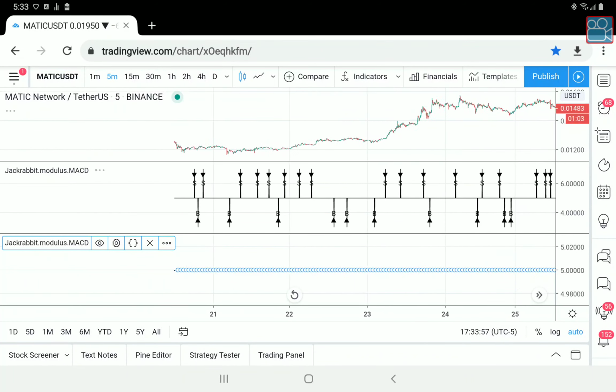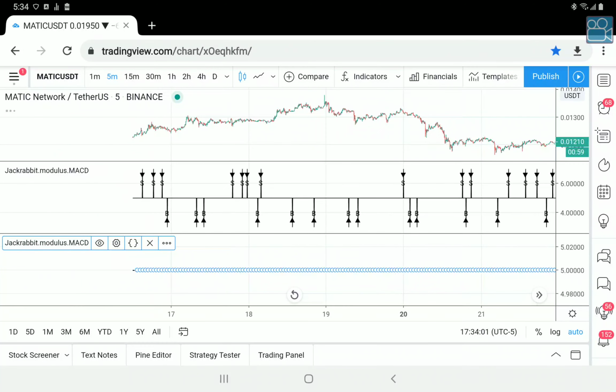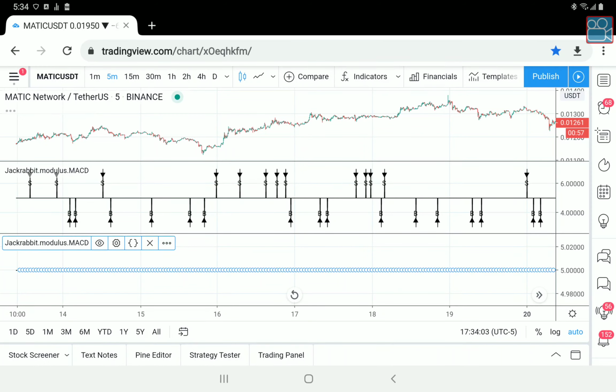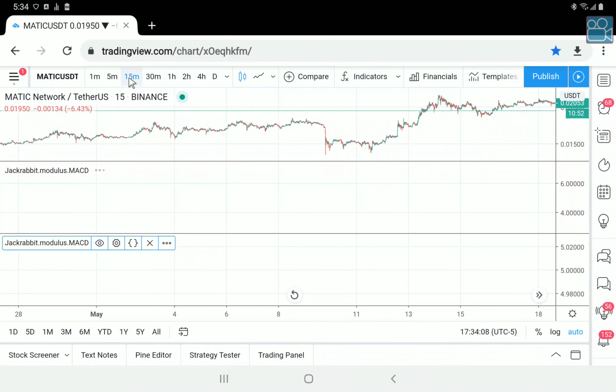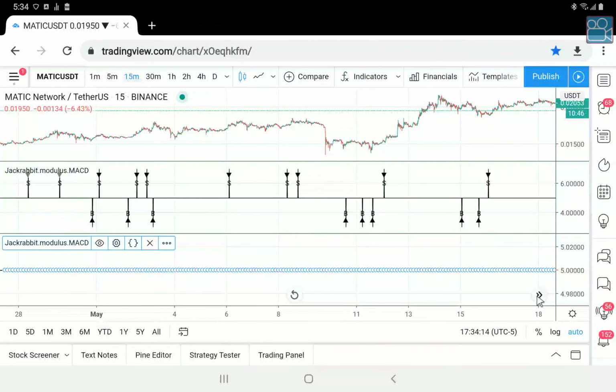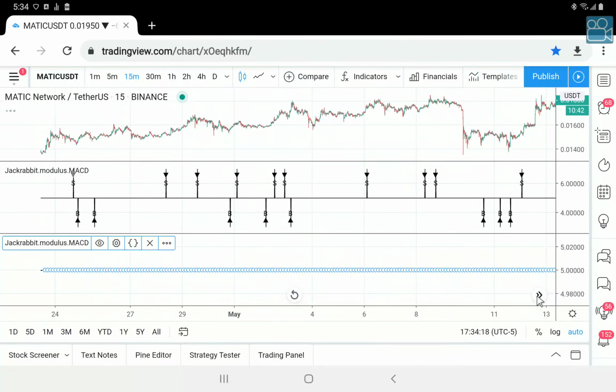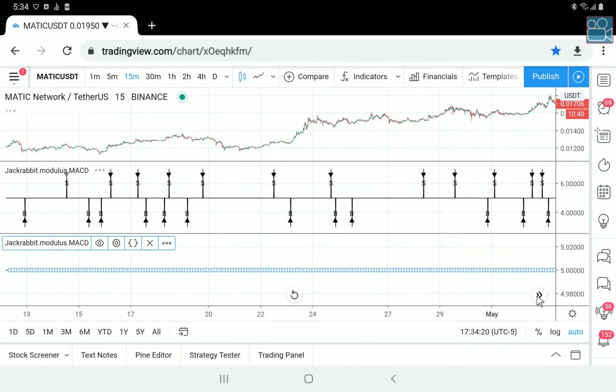Okay, and so far no buy markers at all on a 5-minute. Let's move up to the 15-minute and see if it helps. No, it doesn't.